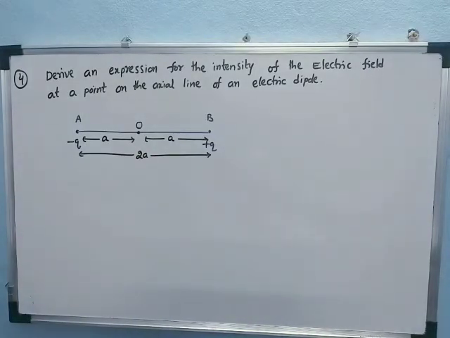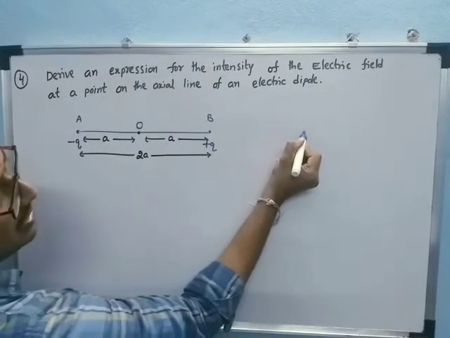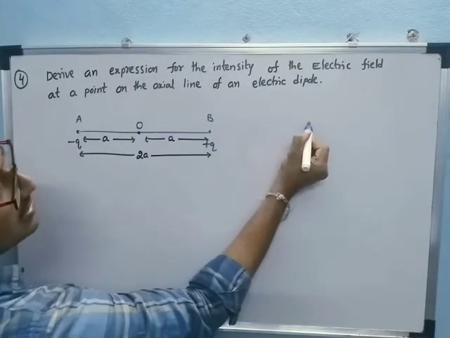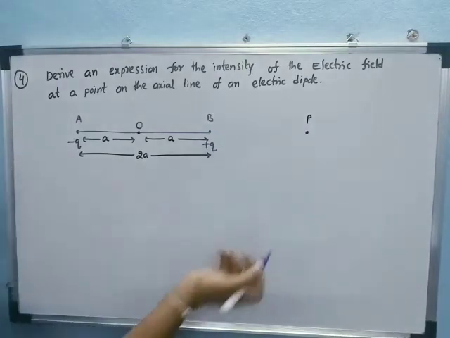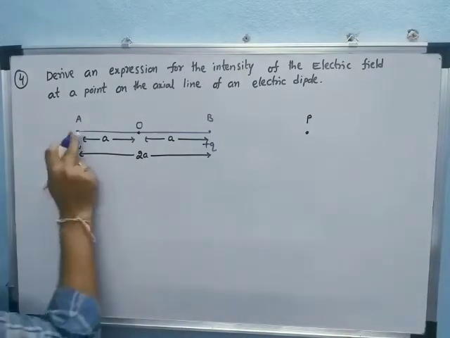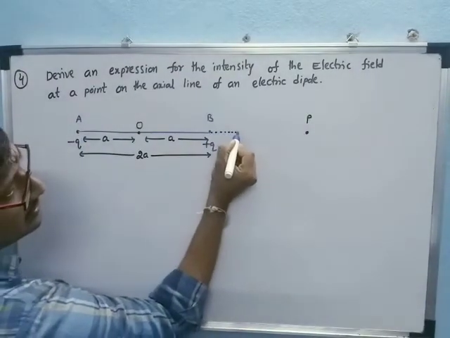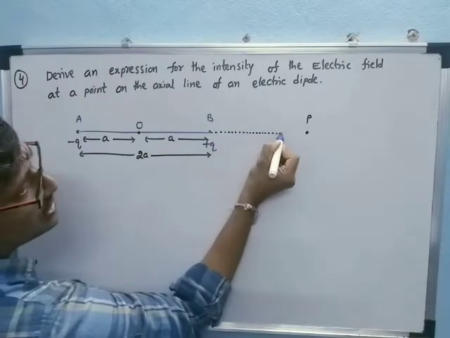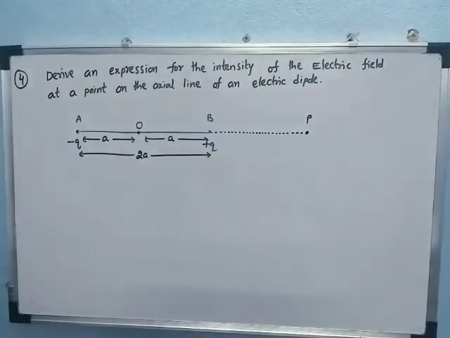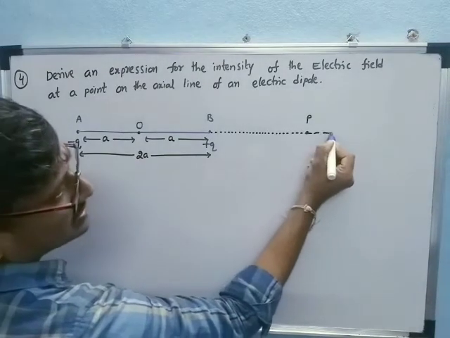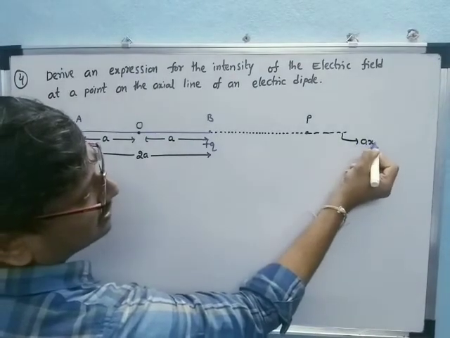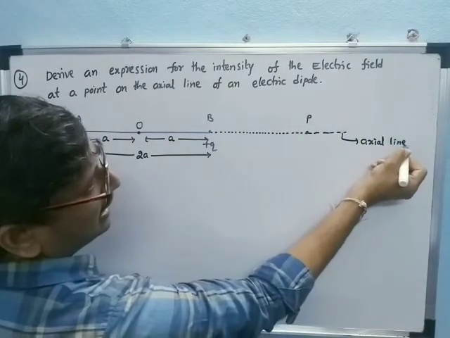We consider the point P on the axial line. This is the P point on the axial line. On the axial line means the line joining these two charges. The line joining these two charges is called the axial line.